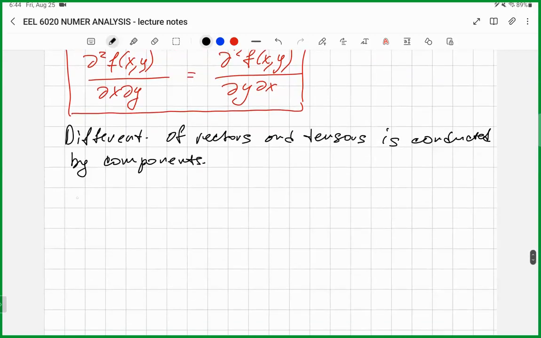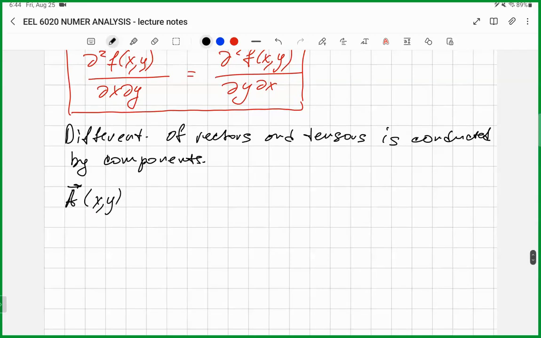What does it mean? It means that, for example, if I have a vector A, and the vector itself is a function of x and y, I can represent this vector by the column Ax, Ay, Az in the xyz coordinate system.